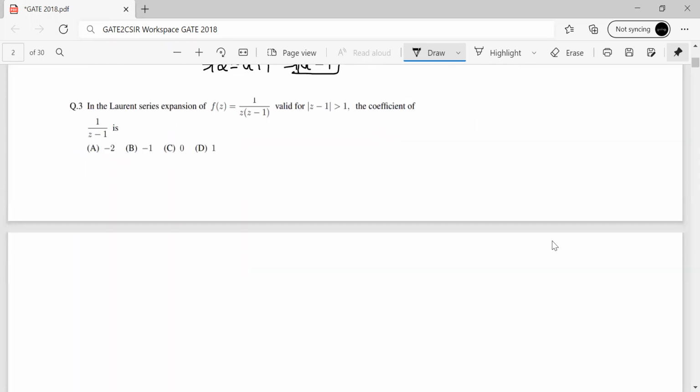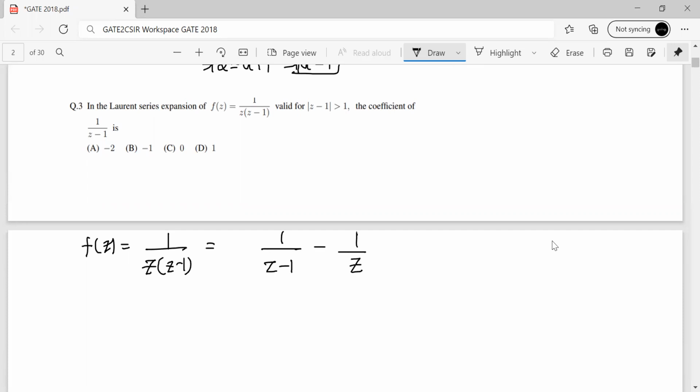So to do that, we have f of z equals 1 over z minus 1. Now let's complete the partial fraction, and that gives me 1 over z minus 1 upon z. Is it true? z minus 1 minus 1. Yeah, that's correct. So now it is given that the Laurent series is valid for mod of z minus 1 greater than 1. So basically we deal with geometric series here.